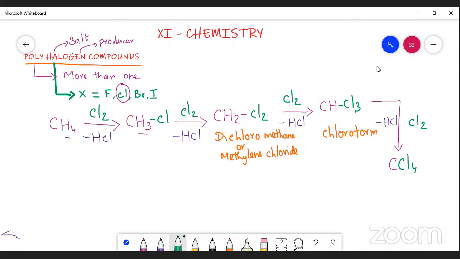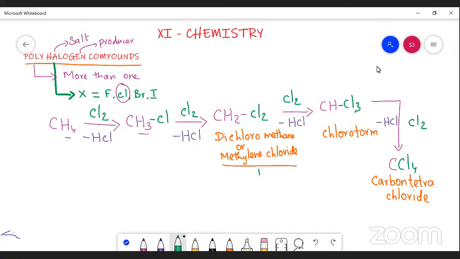Then it is carbon tetrachloride. Tetra means 4, so it is carbon tetrachloride.